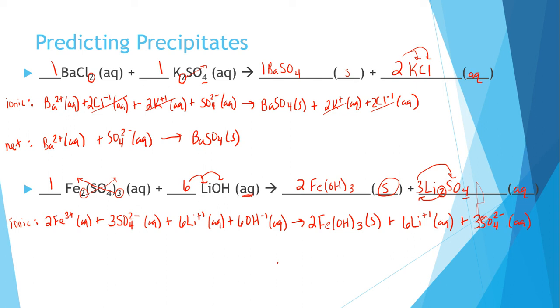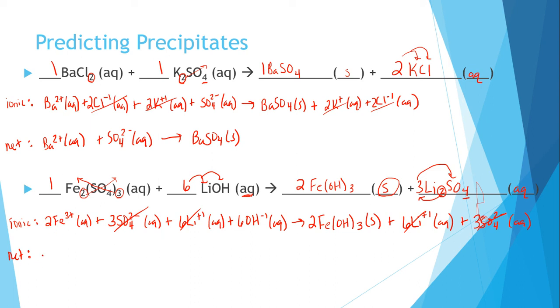Once you've written this, you can write your net equation. And you do this by crossing out what's the same on both sides. So 3 sulfates, 6 lithium, 6 lithium.